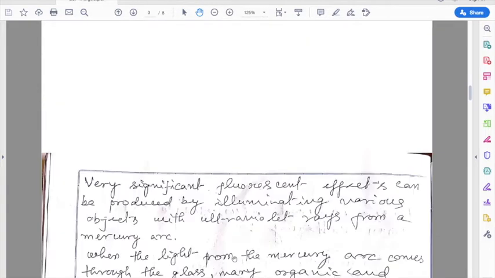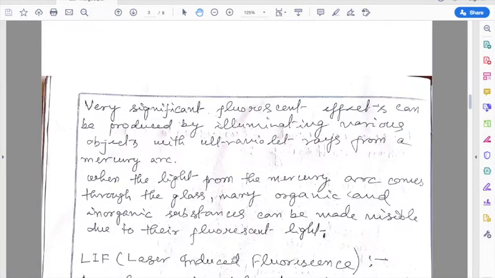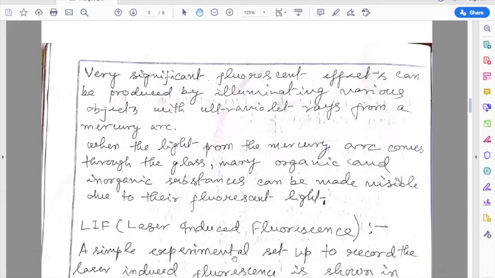Now, very significant fluorescent effects can be produced by illuminating various objects with ultraviolet rays from a mercury arc.